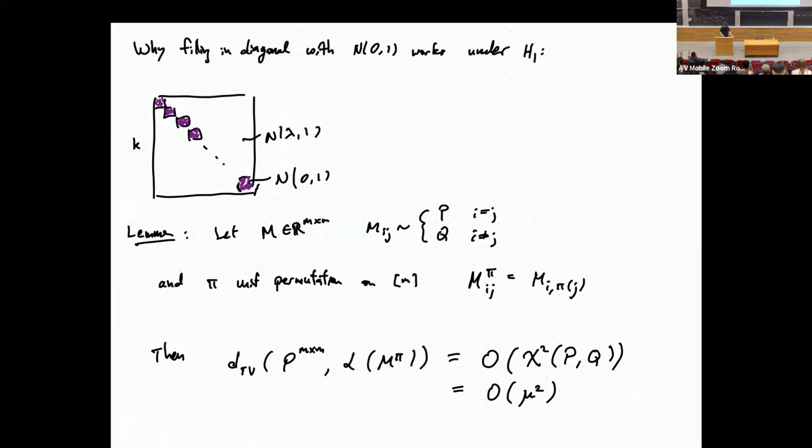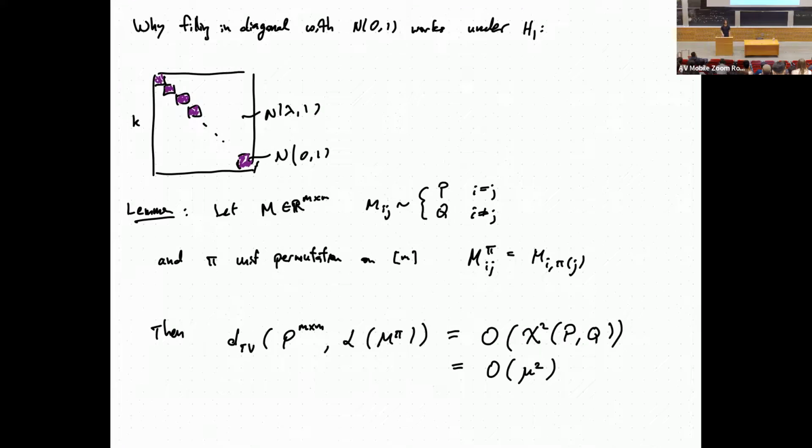All right, so the one thing I just didn't explain at all was how in the world this filling in the diagonal thing works. Let's zoom in on the planted submatrix. So this is k by k.